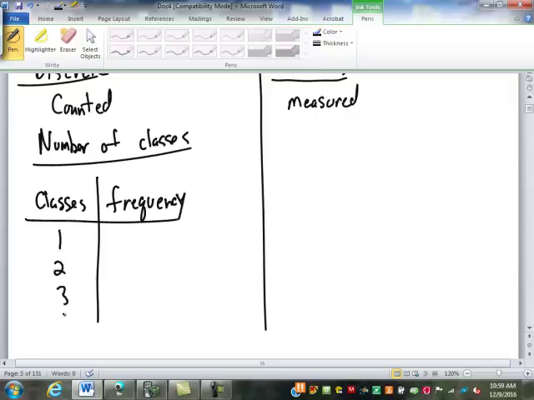Well, let's say 1, 2, 3, or 4. Nobody in the sample had more than 4 classes. So we might have 8, 19, 33, and 31. And there's our frequency distribution, frequency table of those classes. So you see that works out pretty much just like our categorical.